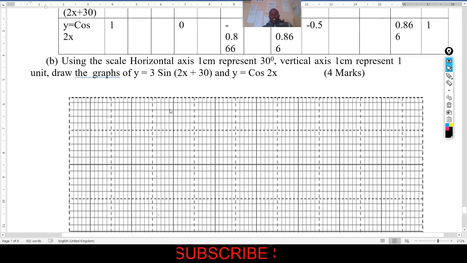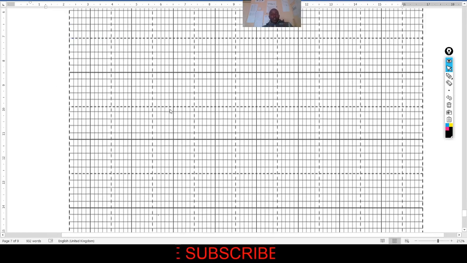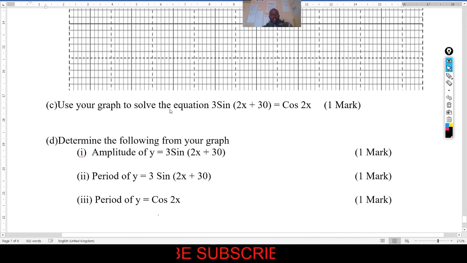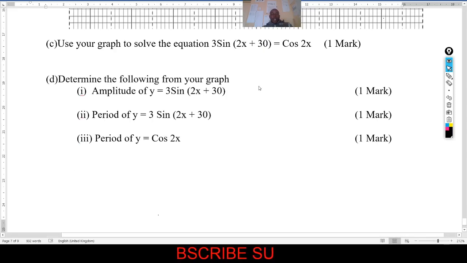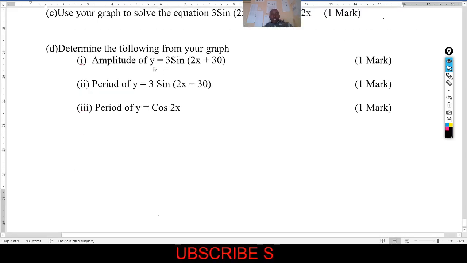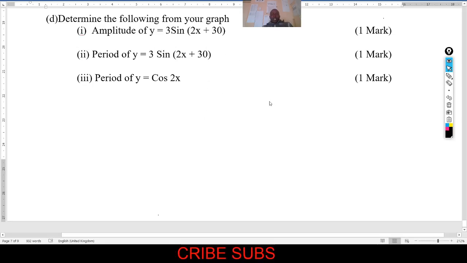Then you draw the two curves I've shown you, and if you are asked to solve where the two curves meet, you read the values of x. If you are asked to determine the amplitude, here the amplitude is just 3, and the period is 360 divided by 2, which is 180, and this is 360 divided by 2, which is also 180. So that is how you solve this question.